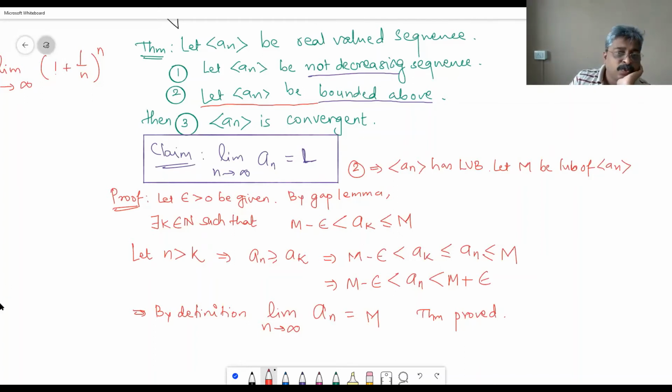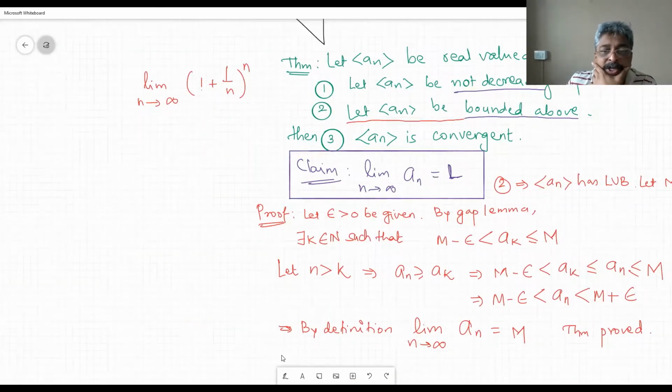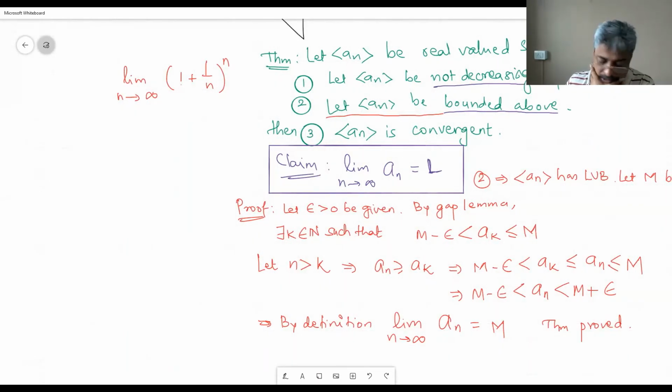That is the result that we are getting out of this, and this result is going to be very useful in doing this particular problem.